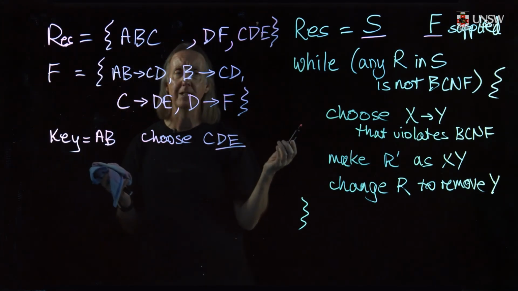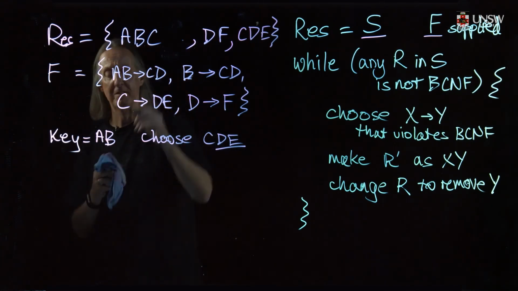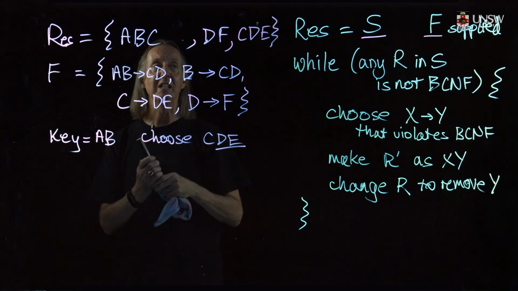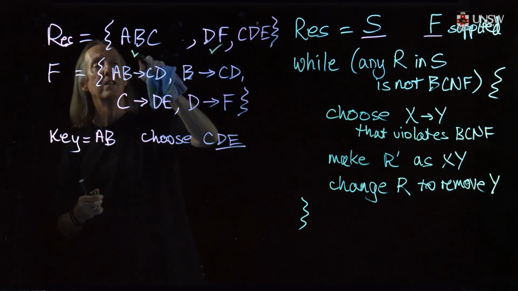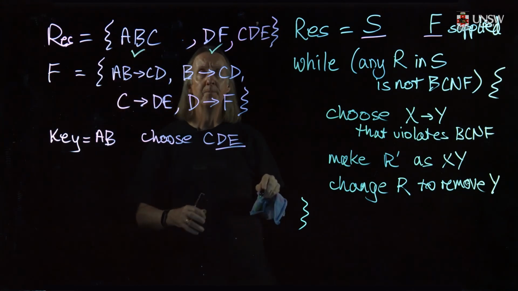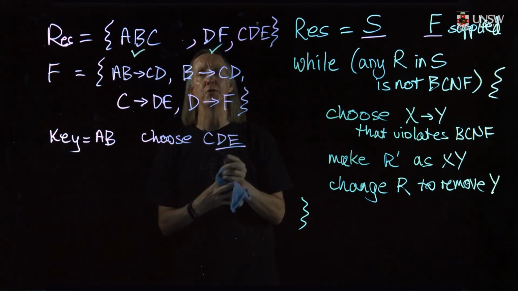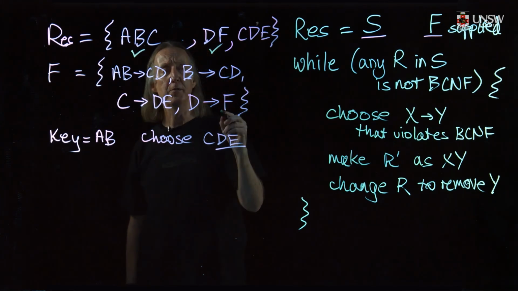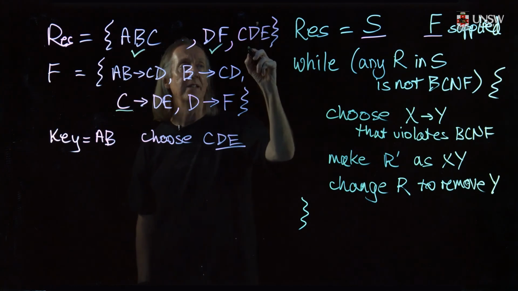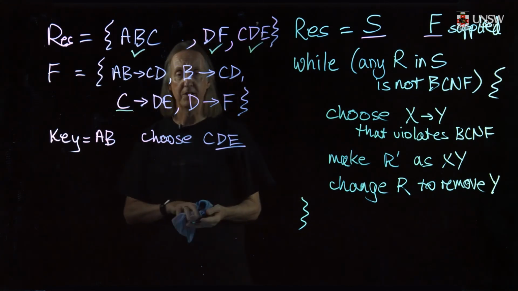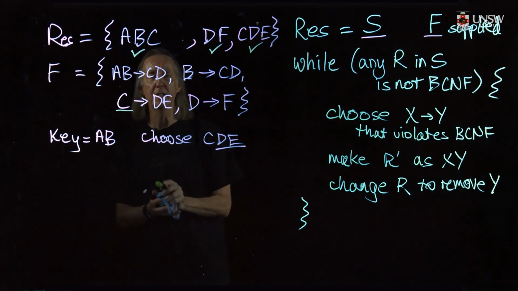It's the only dependency that's relevant to that table, and therefore, if we want to start giving things ticks, we already knew that was in BCNF. Now this is in BCNF, and the dependency that's relevant to this, well, that's the one that we used to create the table in the first place. The key is clearly C, and that's the only dependency that's relevant, and therefore that's also in BCNF.